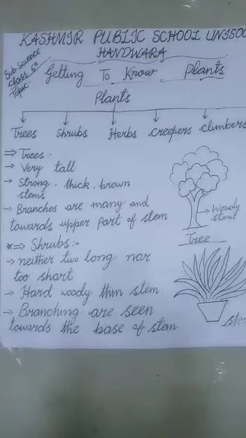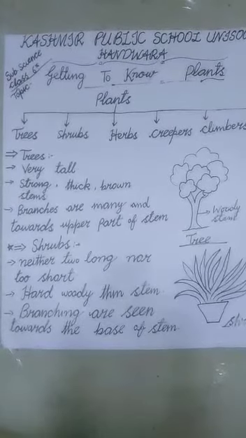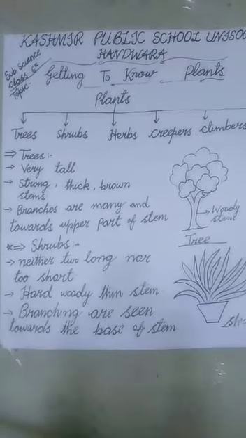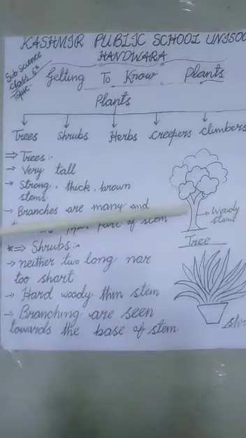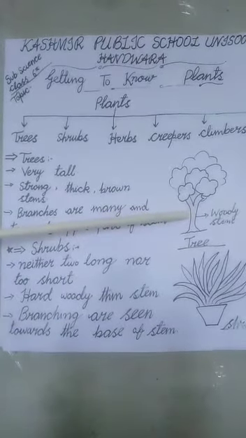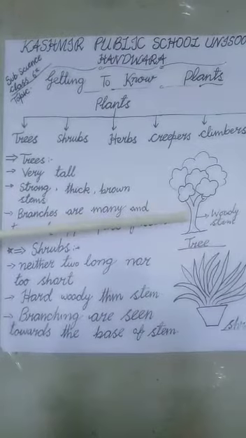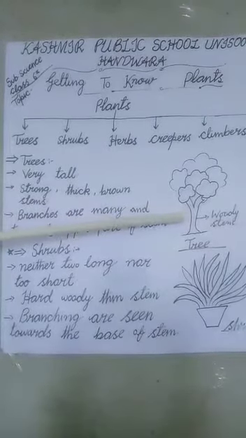You look very small in front of a tree. Generally, they have a big brown woody stem which is called a trunk. You can see here it is very big, broad and woody. Means it is full of wood.